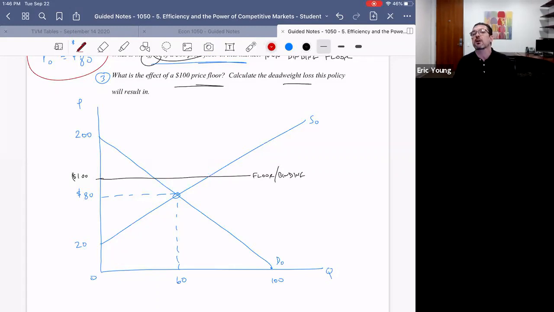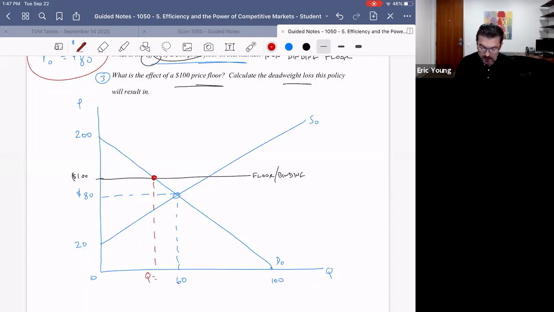Well, we first start off by realizing that if the price is set at $100, buyers will buy less. Again, at the price of 100, the demand curve will hit here. So that's going to be our new Q. And at that, we have to figure out what the Q is.